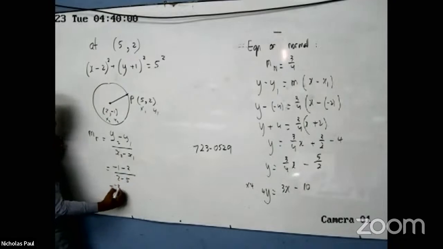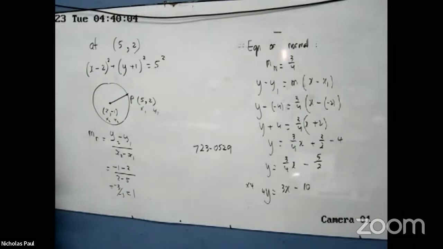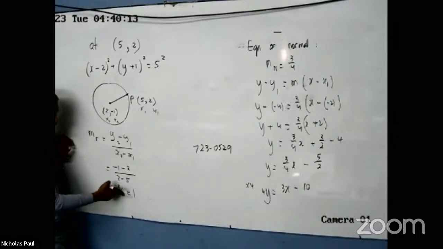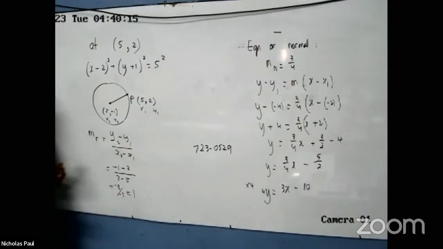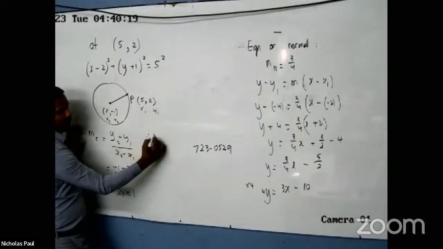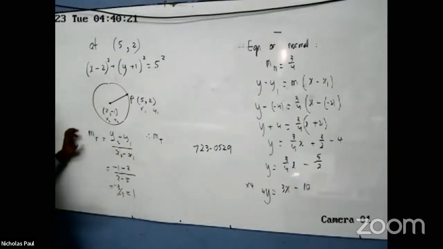So that's -3 over -3, which is 1. You get 1? Yeah. So it means that the gradient of the tangent is -1.